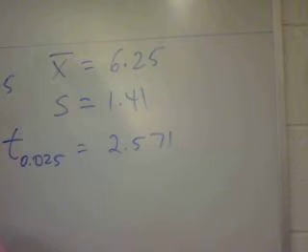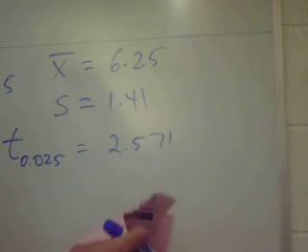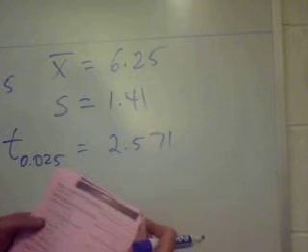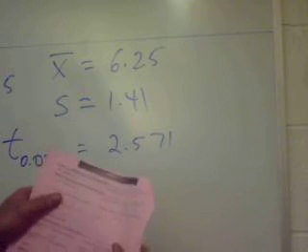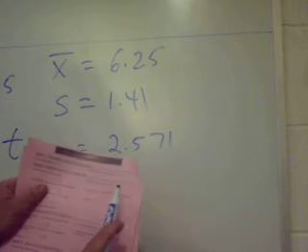Now, the formula is on the back of the first page under chapter 8. And this is for sigma unknown, so it's on the right side.